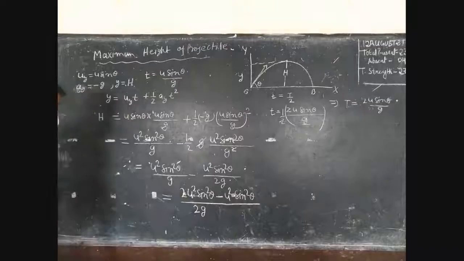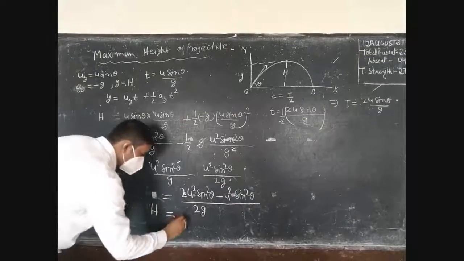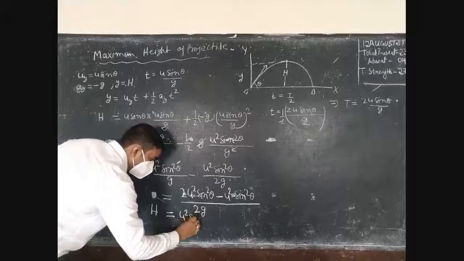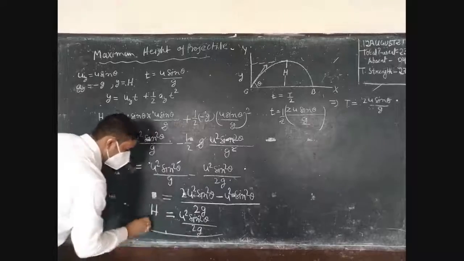It cancels out and you will get the height of the projectile is u square sin square theta upon 2g.